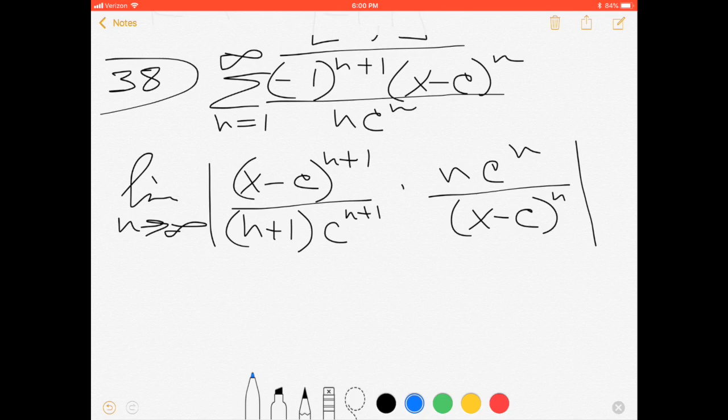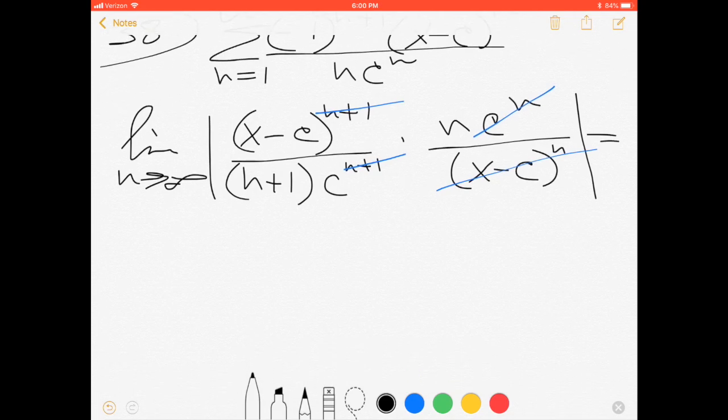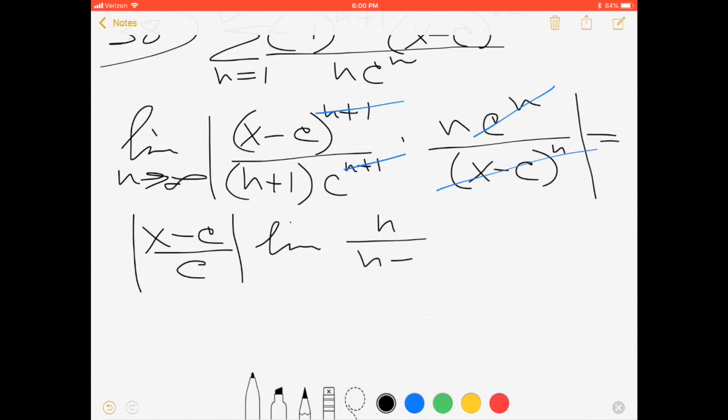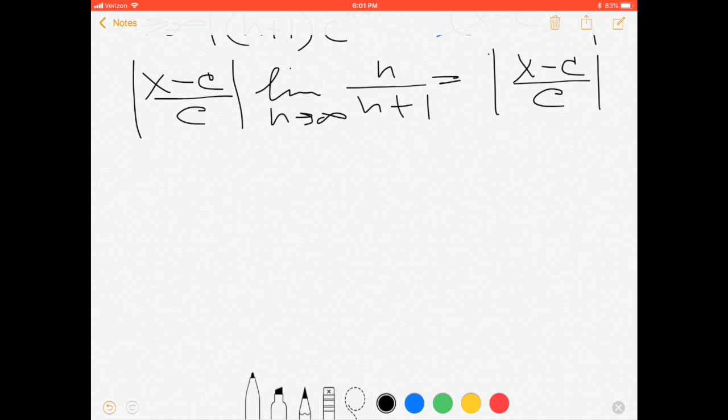Okay, start simplifying what we have. Here is done, this is done, and I have the absolute value of (x-c) over c. This does not depend on n, and the limit of n over n+1 is equal to 1. This means finally we have the absolute value of (x-c) over c less than 1.